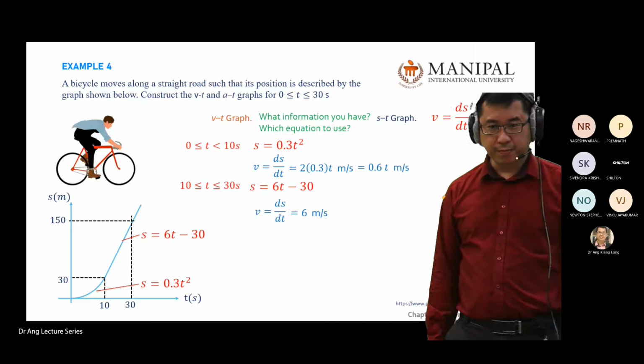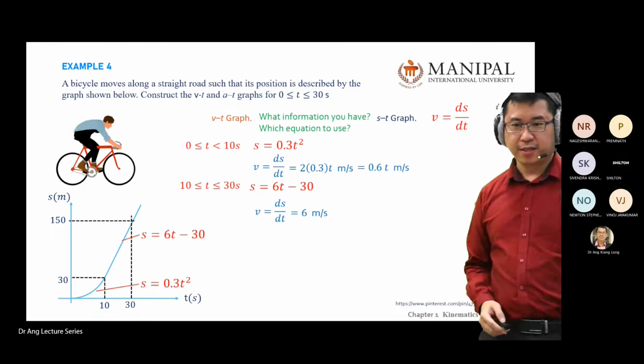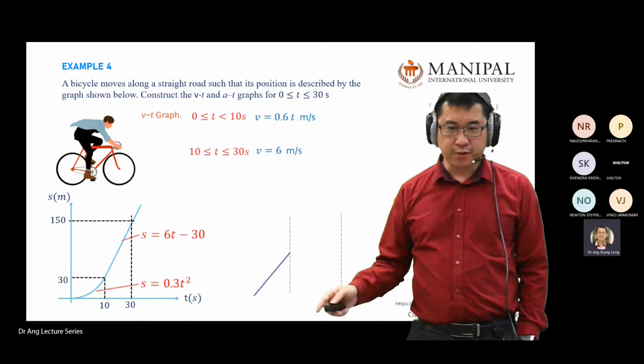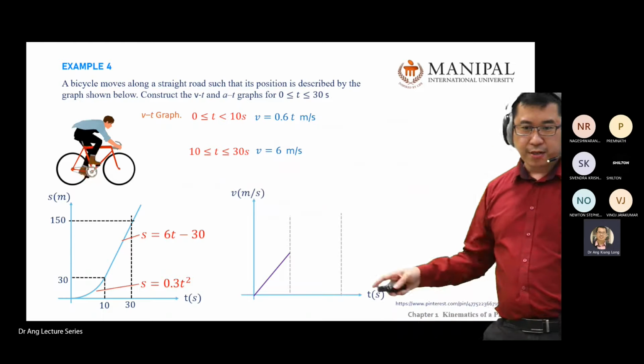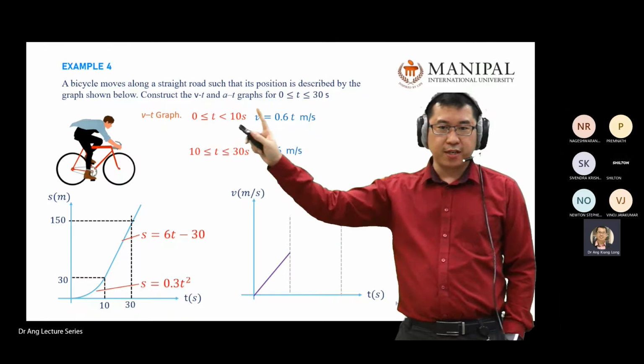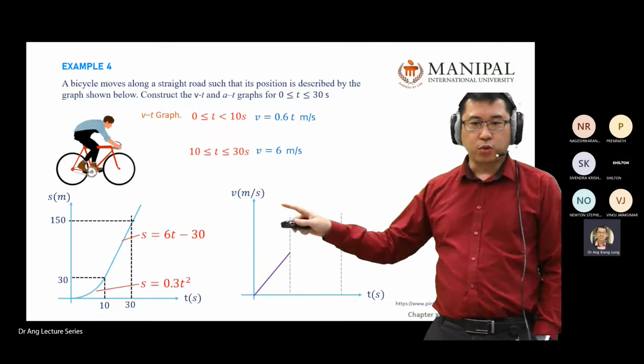Okay. Now we have two values here. Can you plot these two values in the graph? Because the question asks you to transfer the S versus T graph into a V versus T graph, what do you do?